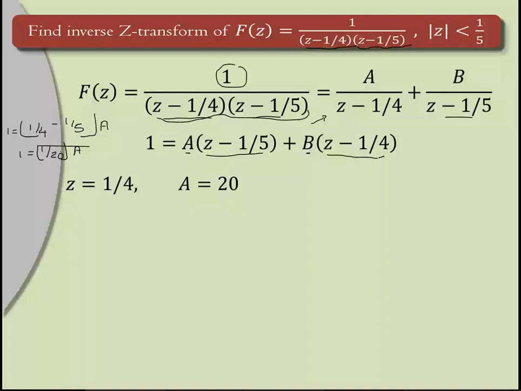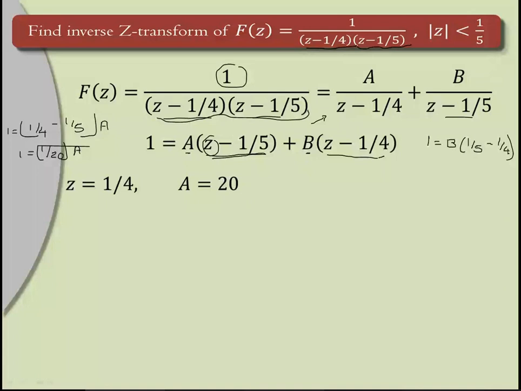Now substitute the value of z so that the other term gets cancelled, for z equal to 1 by 5. So put z equal to 1 by 5. The left hand term is 1, so it will remain as it is: B into (1 by 5 minus 1 by 4). Now what is 1 by 5 minus 1 by 4?